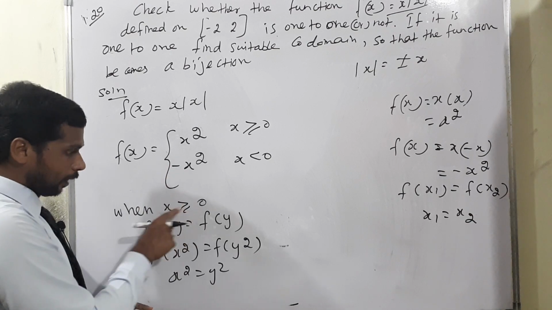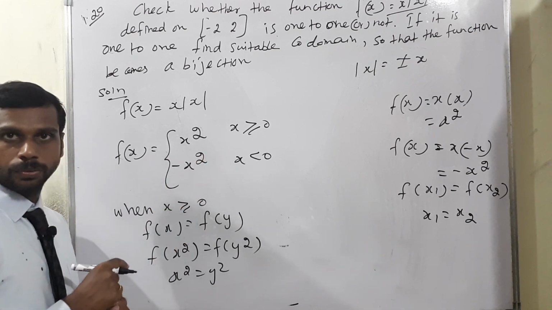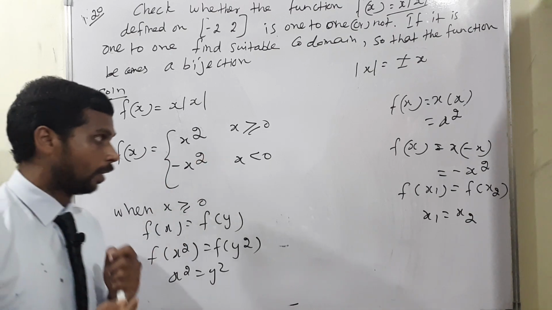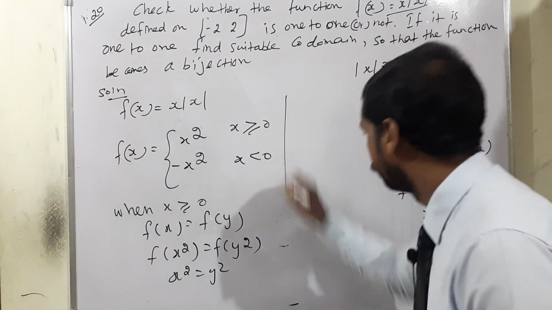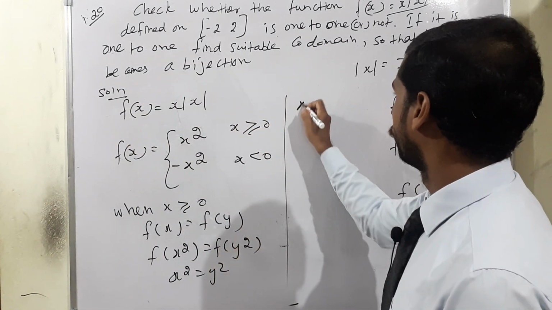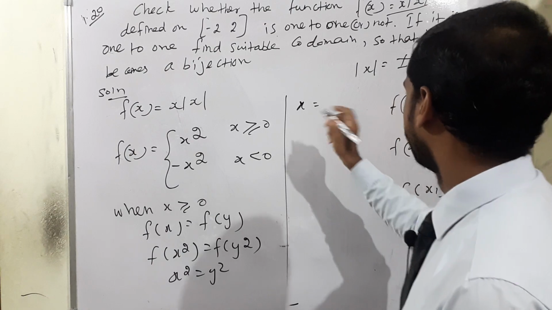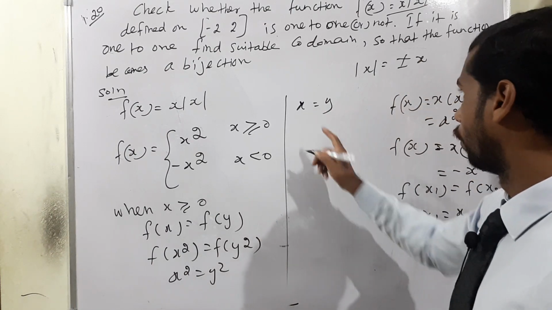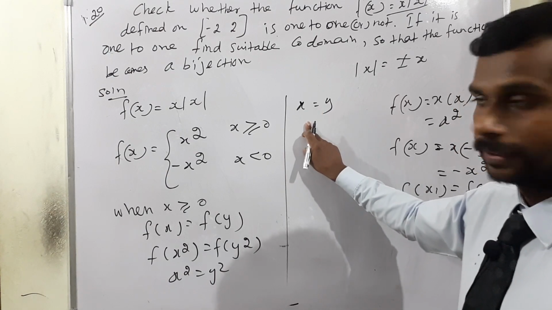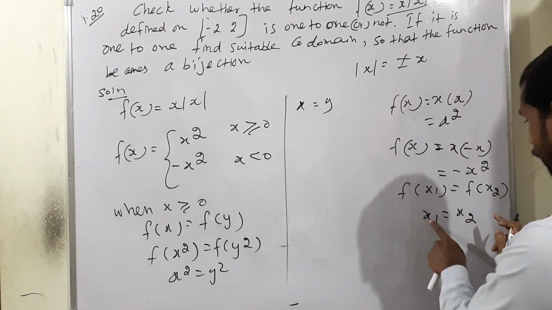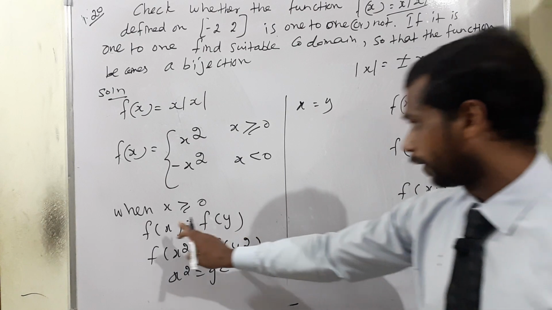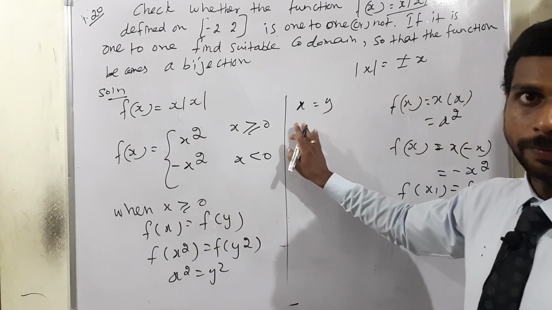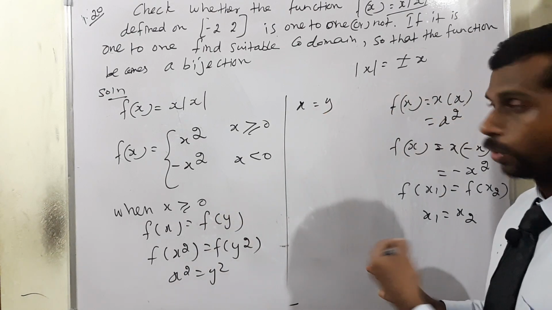But if we have the condition greater than or equal to 0, no need to consider the negative value. Therefore x square is equal to y square means x is equal to y, because only the positive value I have considered. After getting the result x1 is equal to x2, here considering x and y, we have x is equal to y. Definitely the first condition is one-to-one.